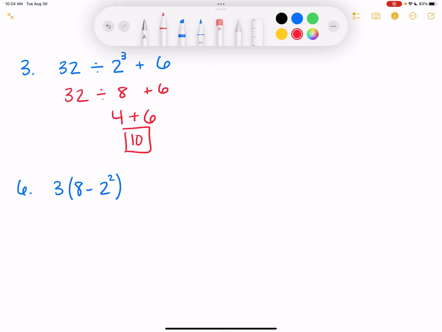So in this case, we're going to have 3, and then the parentheses, 8 minus 2 times 2 is 4. So then I still want to complete the stuff that's in the parentheses first, so I'm going to go ahead and do the subtraction of 8 minus 4, which is going to be 3 times 4. And then now I can do the multiplication, which is going to give you 12.